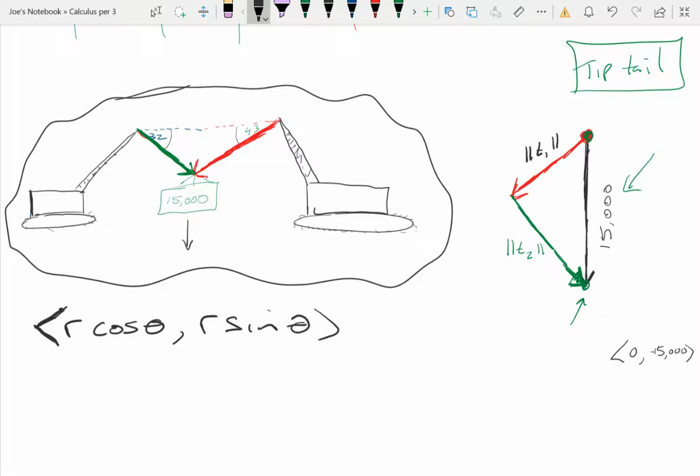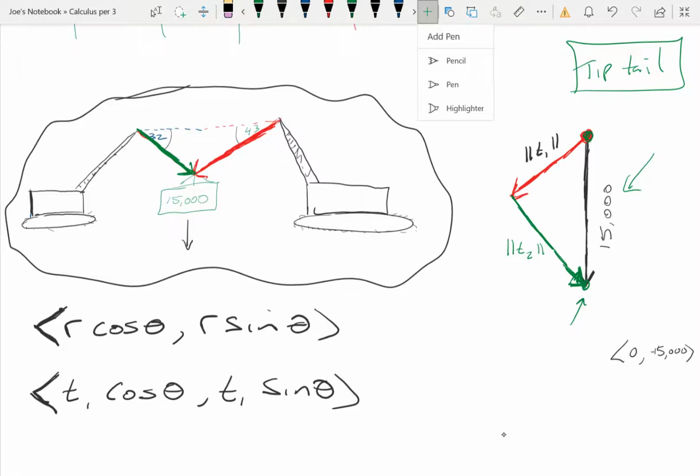Now, what we're going to do is change it to real life. So instead of calling it r, which is the radius, which is the magnitude, we're going to call it tension 1 cosine of theta, tension 1 sine of theta. But we know it's exactly the same thing. We know that these numbers are the same.